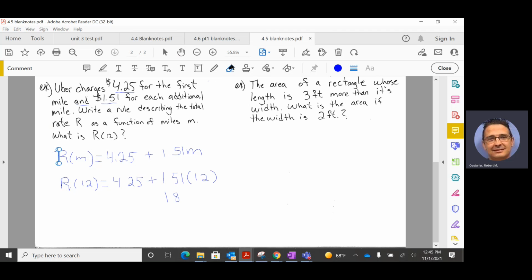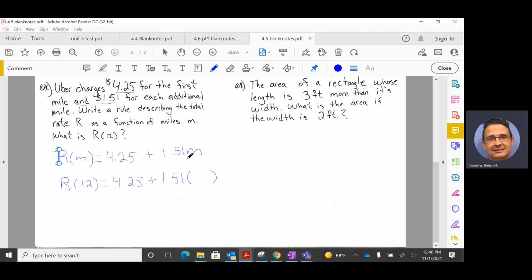Ooh, I just thought of something here. Let's read this again. This is a confusing one, right? They want to know what is R of, the R total, when your total miles is going to be 12. So what should actually be in here?